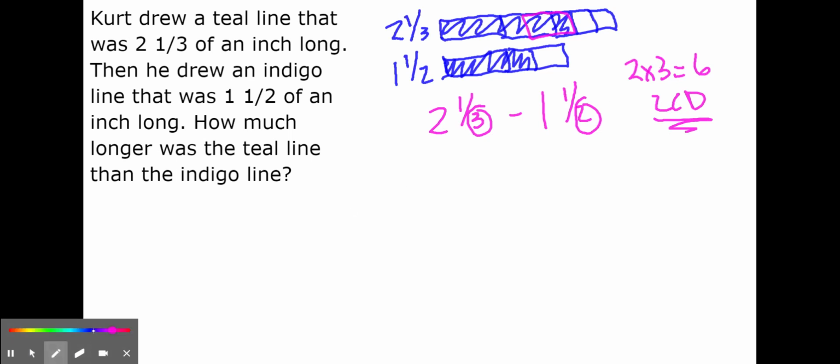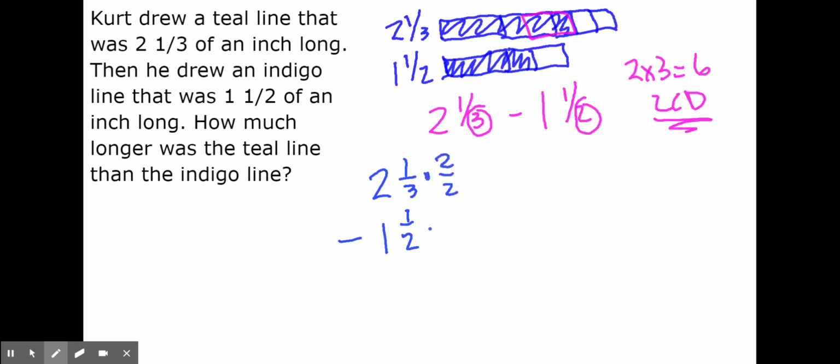All right. Now we want to rewrite these vertically. 2 1/3 minus 1 1/2. Okay, let's get these to the correct place. So they both need to be multiplied by a form of 1. 2 over 2 times 3 over 3. Okay, so now I have 2 and 2/6 minus 1 and 3/6.